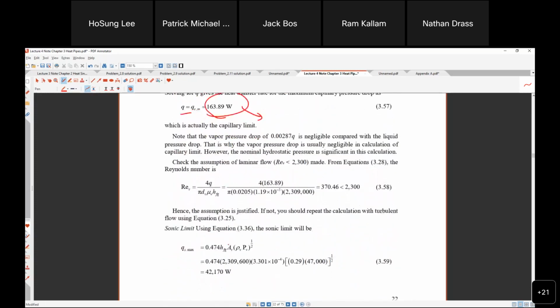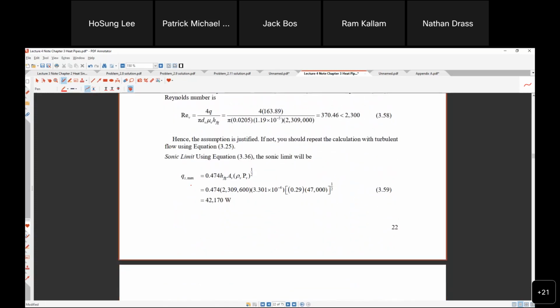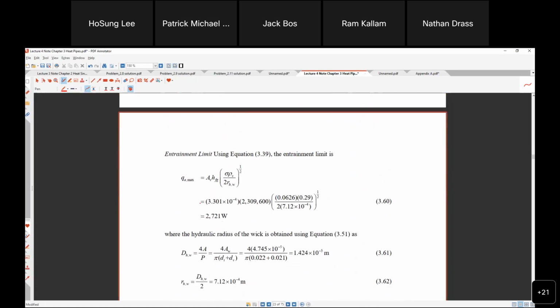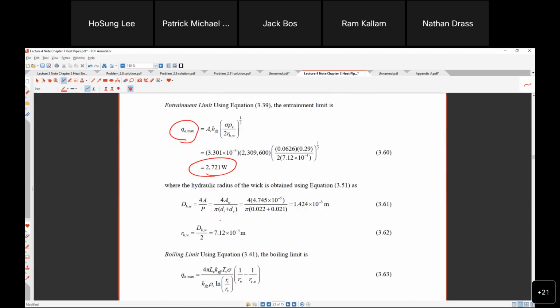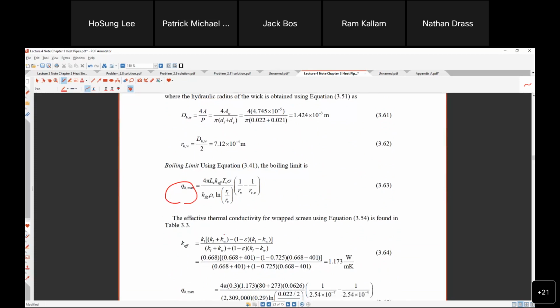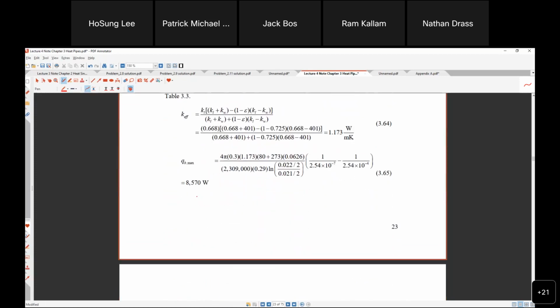And then we move on to the sonic, 42,000 watt. And entrainment, 7,000, something like that. And the boiling limit, we also calculated 8,000.